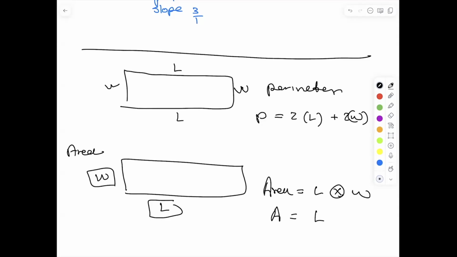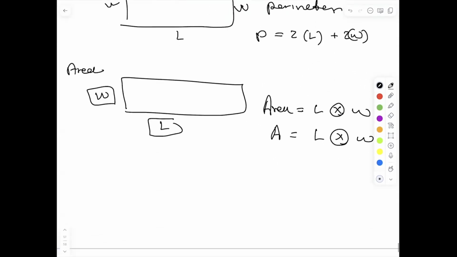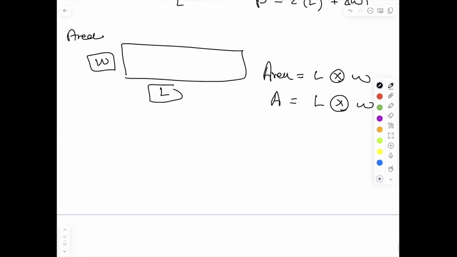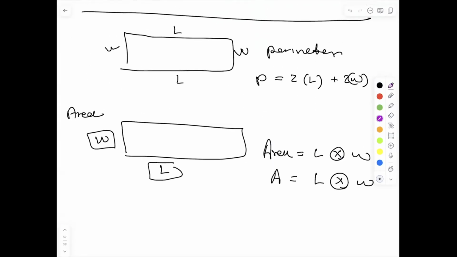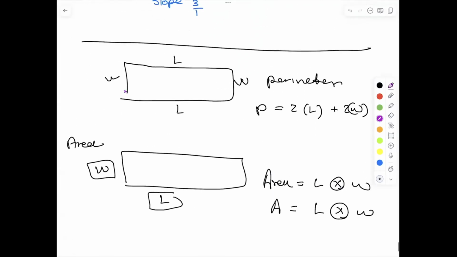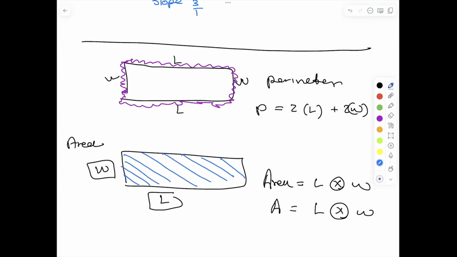A is equal to L times W. For perimeter, when we were doing the example, we are just measuring the fence, right? Everything in purple. That's the fence. But when we're doing area, it's everything inside. This is area.